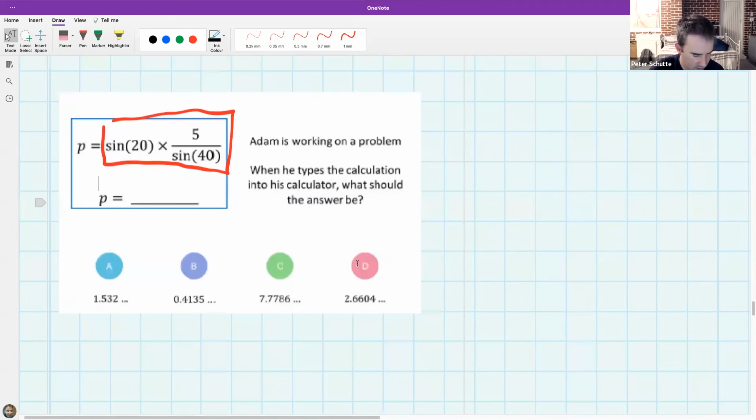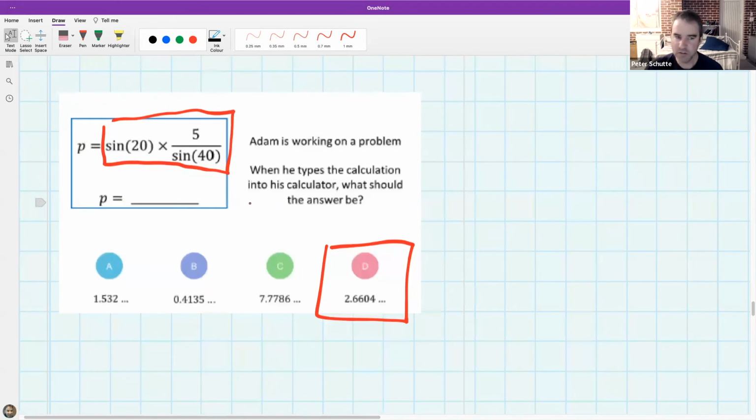And so you should be getting option D. Now, if you're not getting option D, it means that the way you're keying into your calculator is a little bit dodgy.